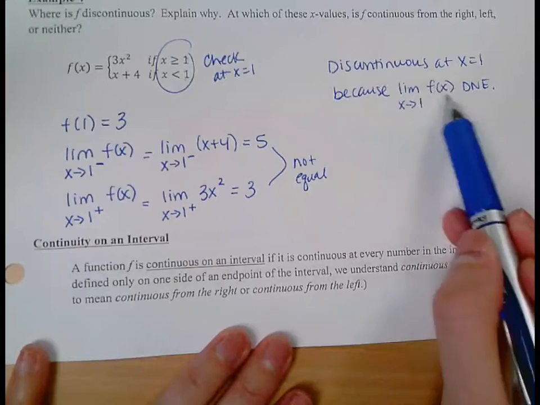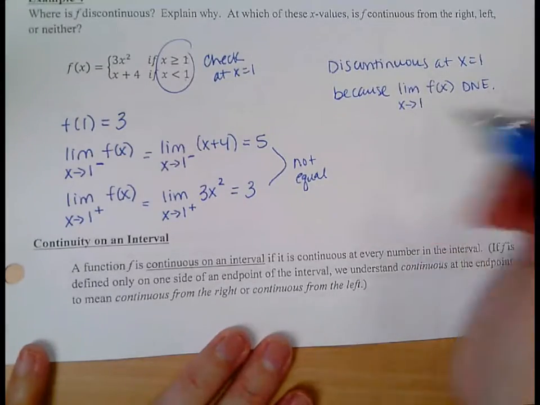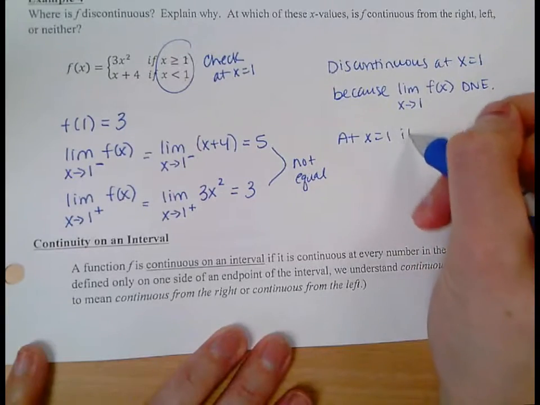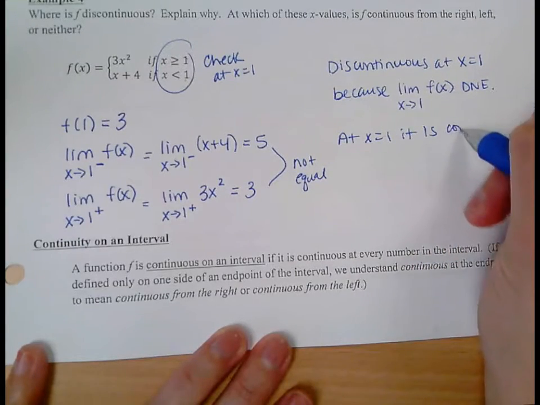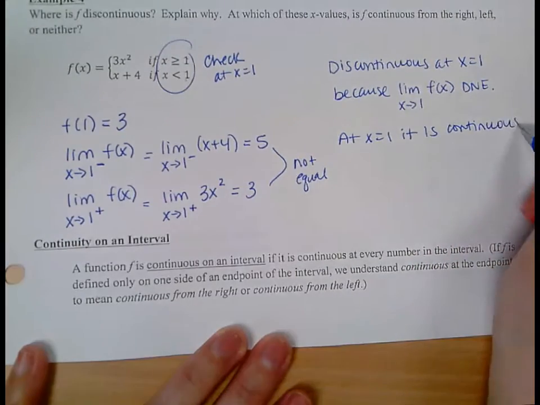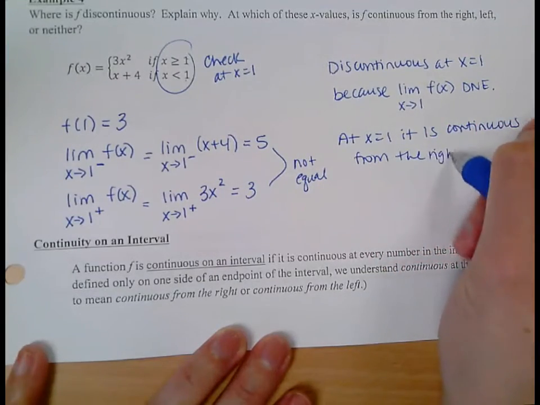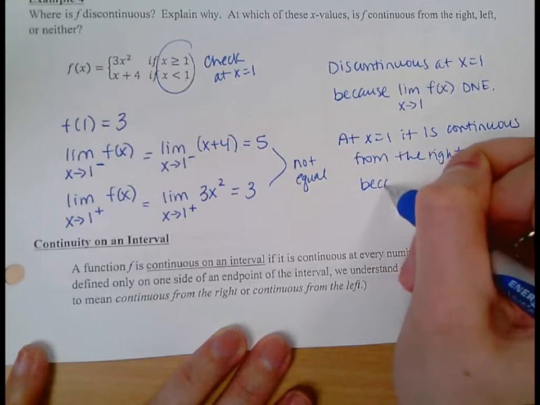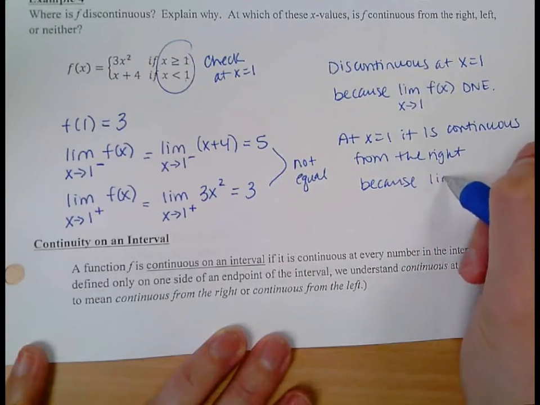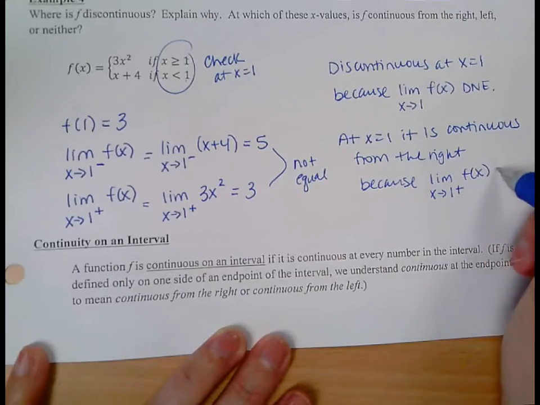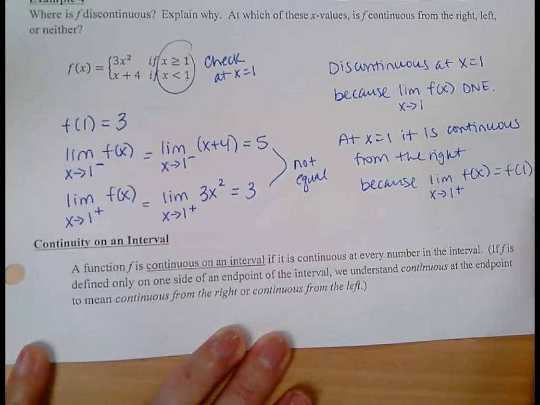So while it's discontinuous at x equals 1, I can then say at x equals 1, it is continuous from the right because the limit as x approaches 1 from the right of f of x equals f of 1.